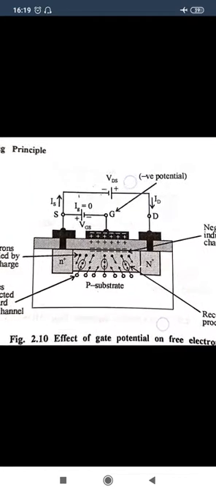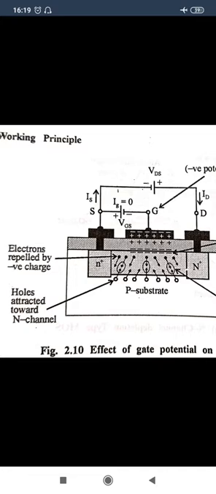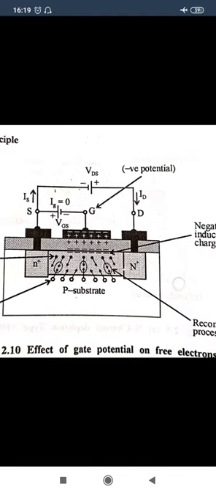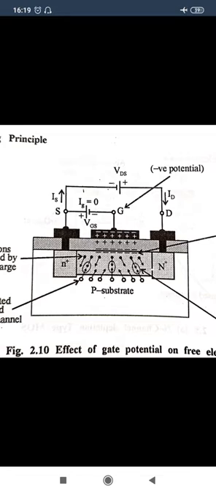Here I will show the structure where we use the effect of potential on the free electrons. In the diagram, the drain terminal is connected to the positive terminal of the battery and the negative terminal to the ground. We apply the gate voltage to the gate terminal.